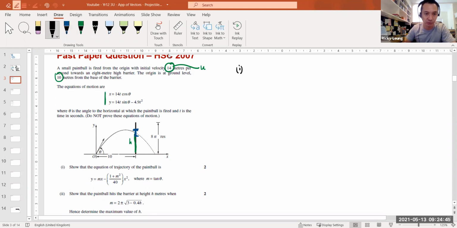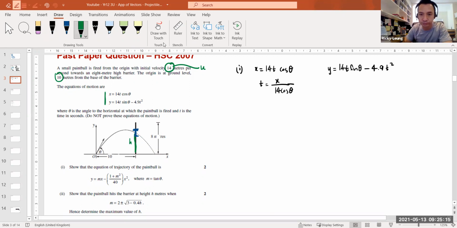that's just the Cartesian equation based on this parametric. So I have x equal to 14t cos theta. That's given to me, and I got y equals 14t sin theta minus 4.9 t squared. So if I make t the subject, t is x on 14 cos theta, and then sub this into the values of t there and there.